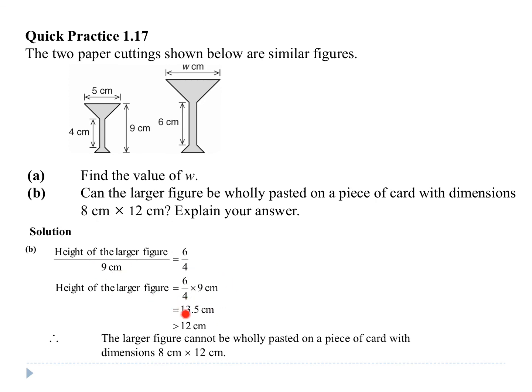This equals 13.5 cm. But the card's dimension is 12 cm. This one is greater than 12 cm. Therefore, the larger figure cannot be wholly pasted on a piece of card with these dimensions.